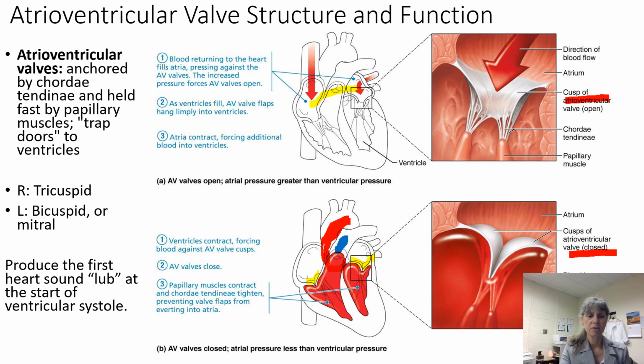So when that first heart sound occurs, when a person is listening with a stethoscope, the first heart sound is the lub of the lub-dub, and the lub is the closing of the atrioventricular valves as the ventricles start contracting to build up pressure. So it's actually the closing of the valves that you hear when you hear those heart sounds.